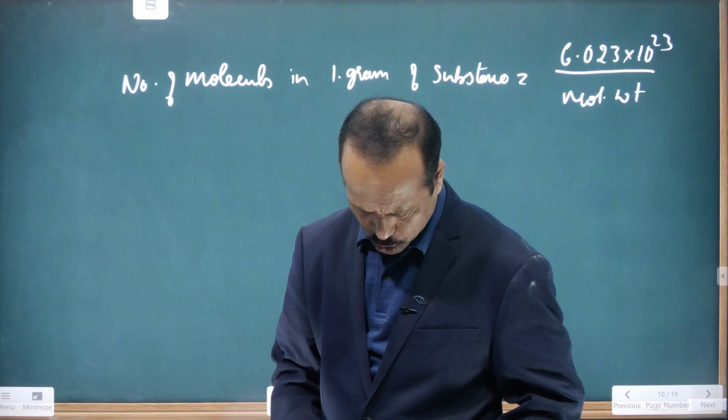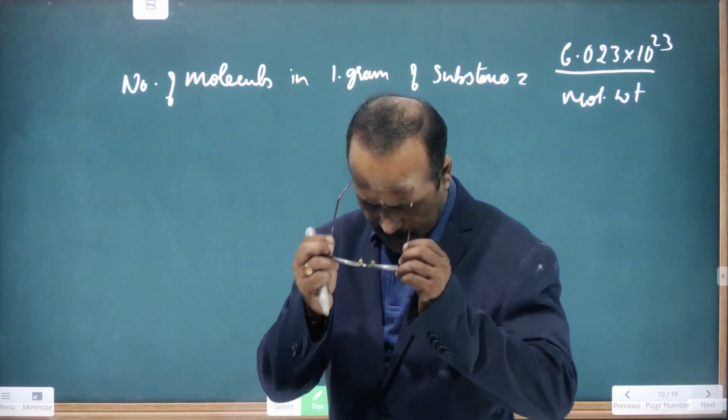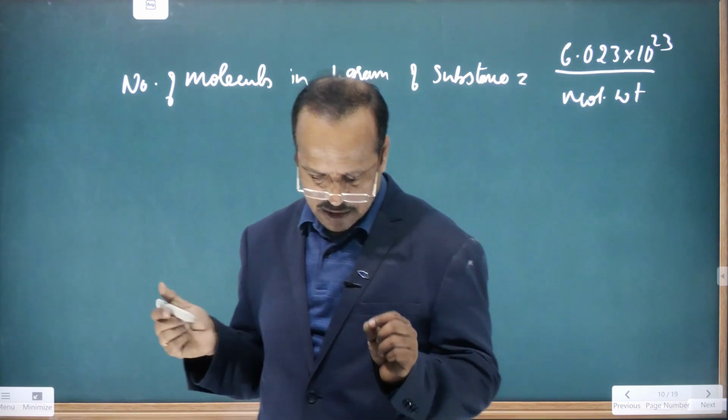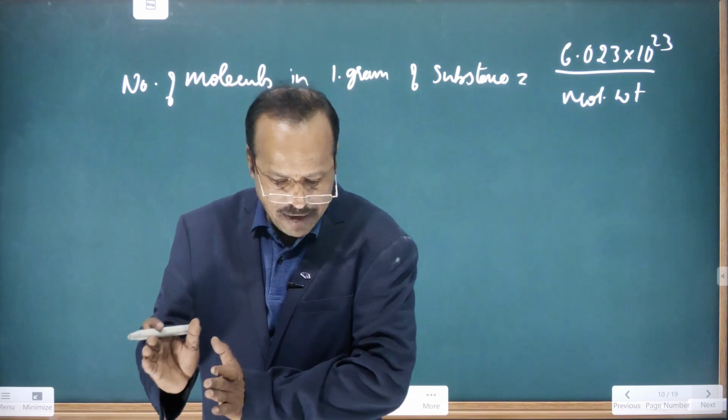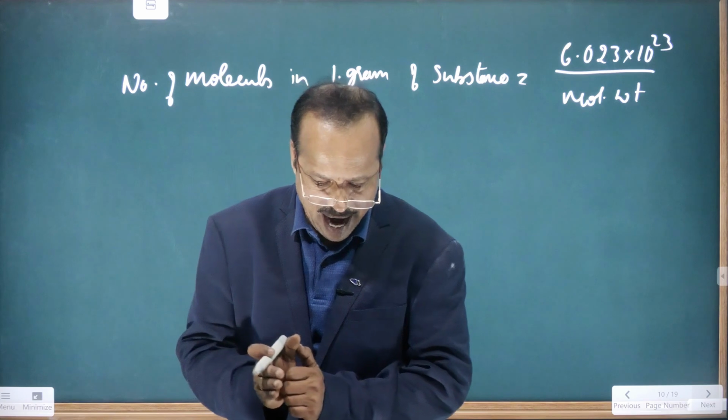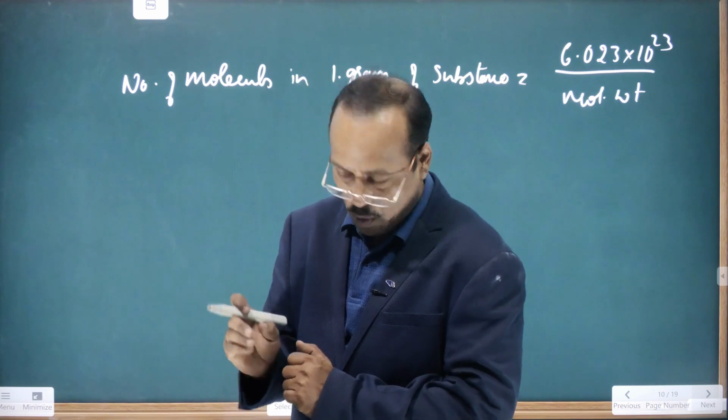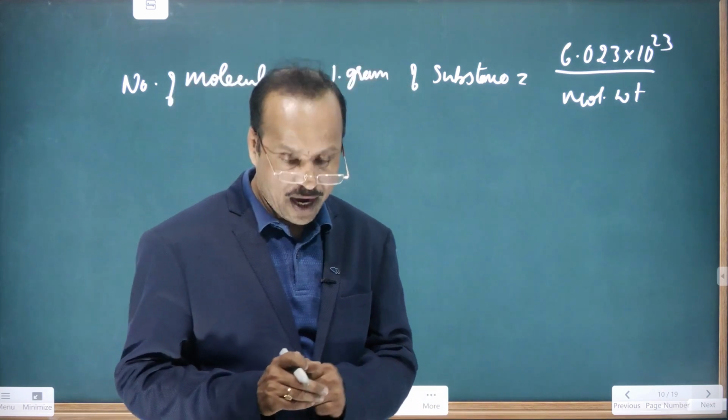Open page number 62. Now see here. The amount of substance of a system which contains as many elementary entities as there are atoms in 0.012 kilogram of carbon.